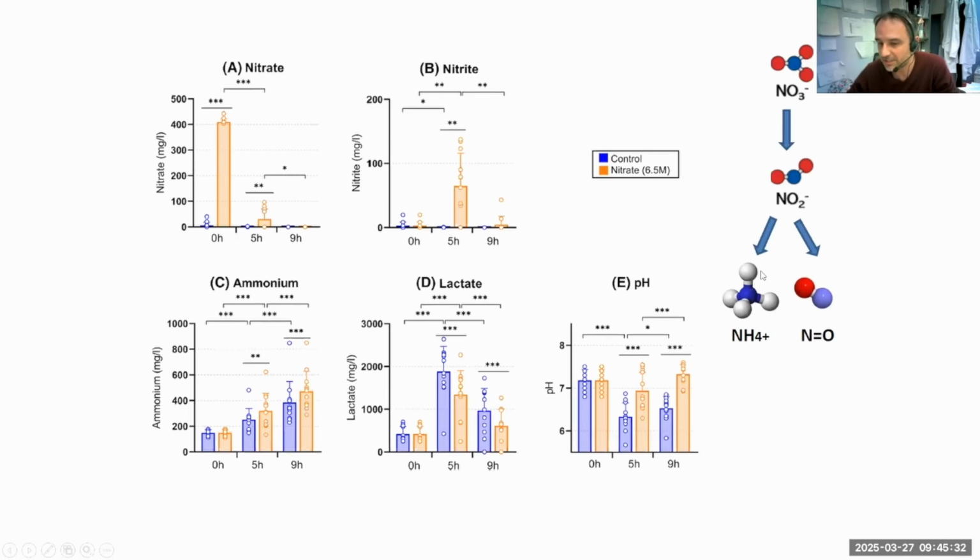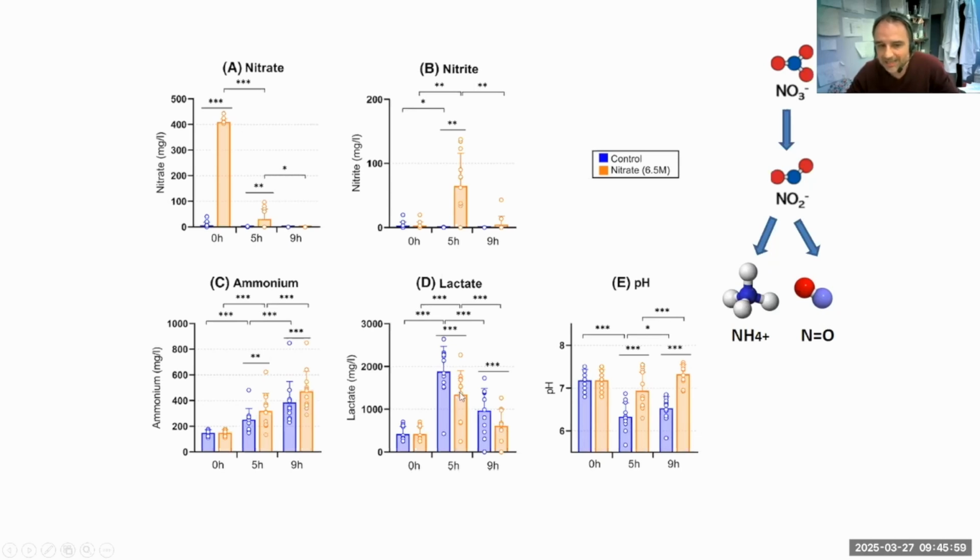So it works in a similar way as arginine. But in addition to that, it's very interesting because the enzymes that reduce nitrate into nitrite and ammonia consume lactate, because they use lactate as an electron donor. And this is very interesting because it means that not only do you buffer the pH by high levels of ammonia, we see here that in the presence of nitrate, ammonia levels are higher than in the control, but also lower levels of lactic acid.